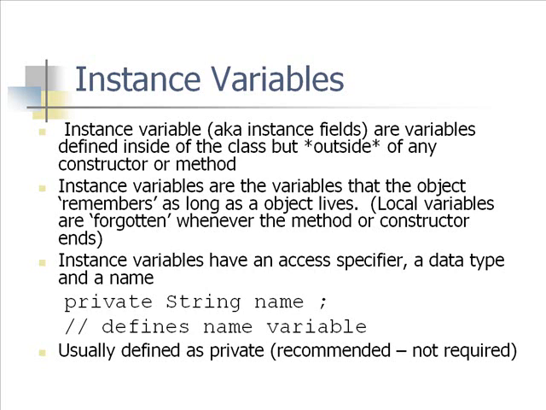And then finally a name. Again, the variable name is going to start with a lowercase letter, and optionally it could have initialization code, private String name equals some string, but need not have it. Again, usually defined as private. We recommend that you keep your instance variables private. Next we have our constructor.